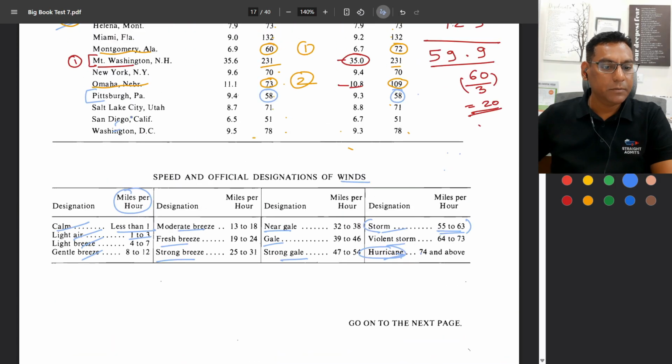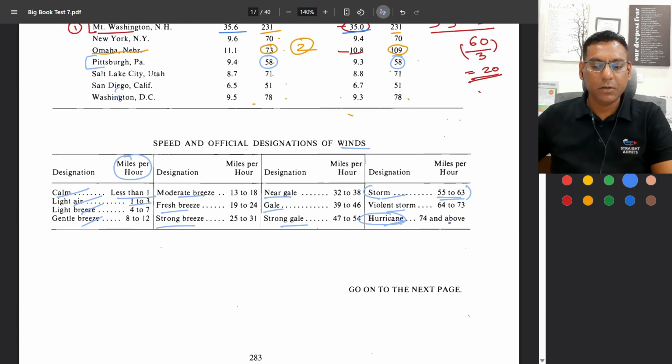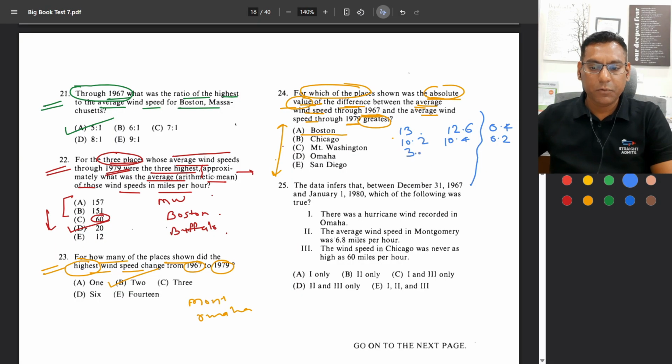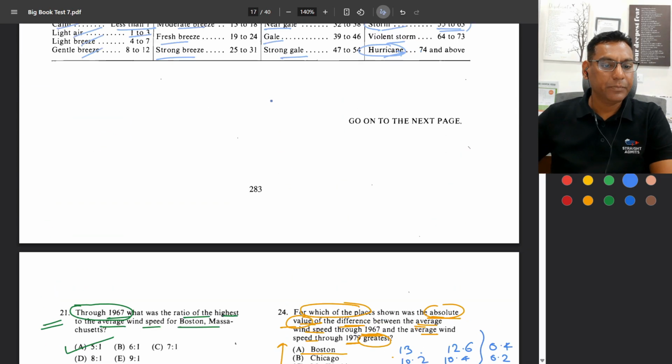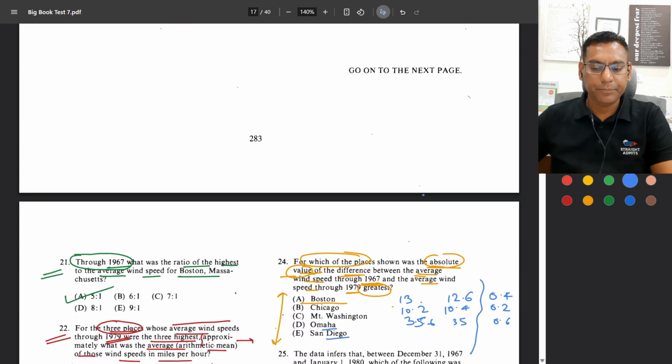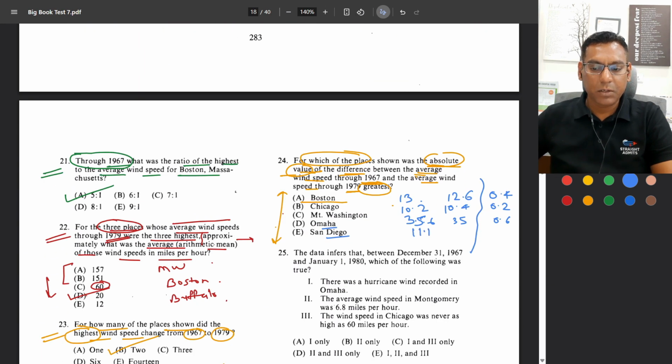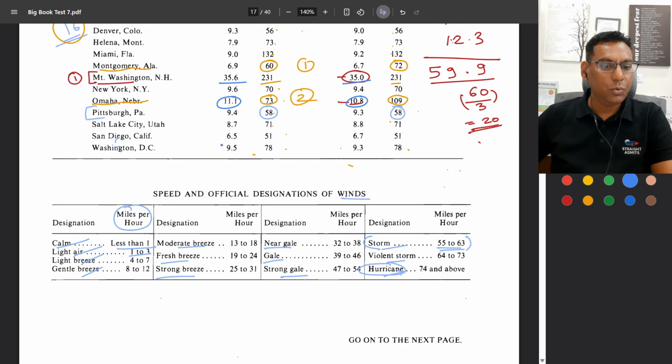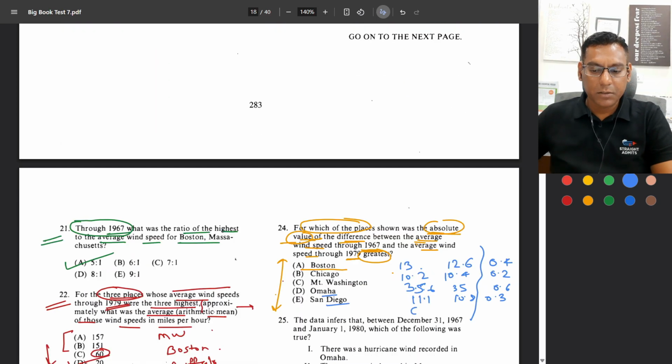Mount Washington: 35, 35.6, so the difference is 0.6. Omaha and San Diego: Omaha is 11.1, 10.8, so the difference is 0.3, and San Diego is 6.5, 6.7, difference is 0.2.